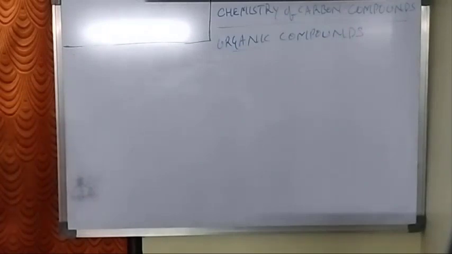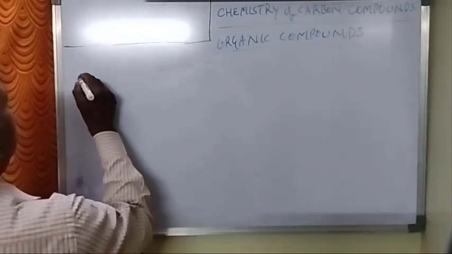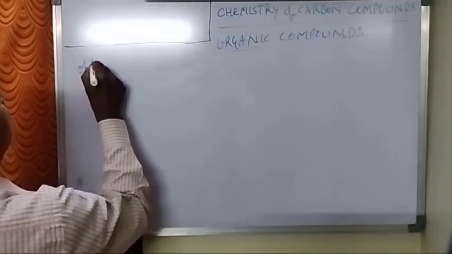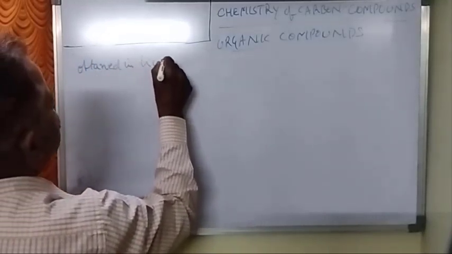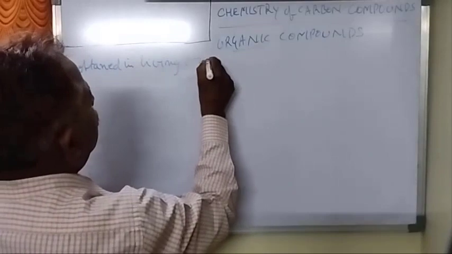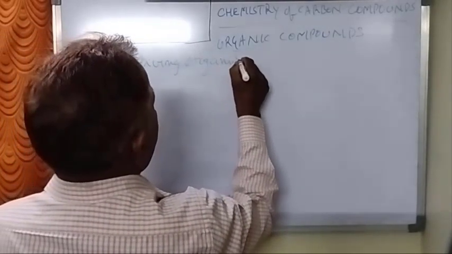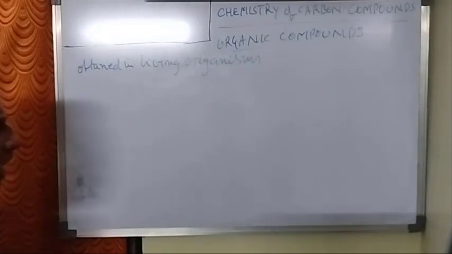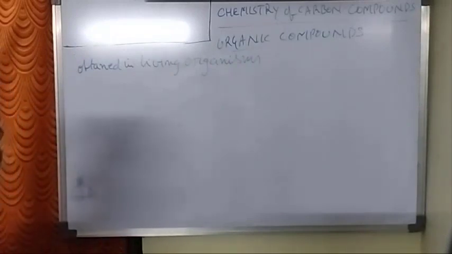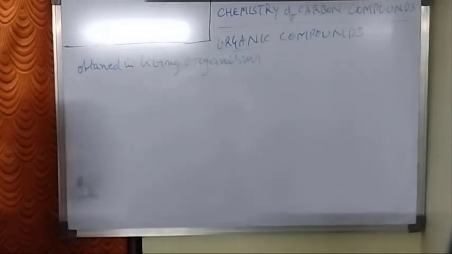Because these substances are obtained from living organisms like plants, animals, human beings. So, as substances obtained from living organisms, they are referred as organic compounds.